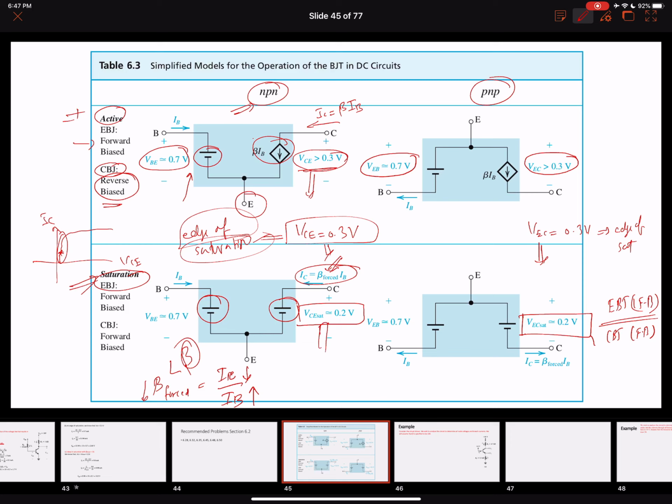In that region of operation, the forward saturation region, the beta value of the transistor, or the common emitter gain, is forced beta, which is IC over IB. This is always less than the beta value in the active region. Why? Because our base current is increasing and collector current is decreasing in the saturation region.